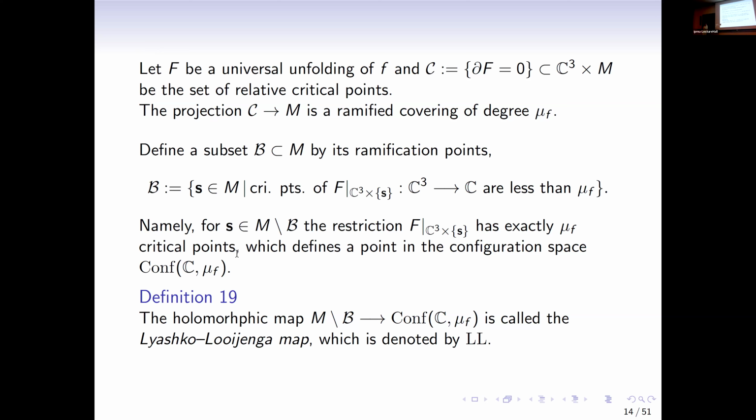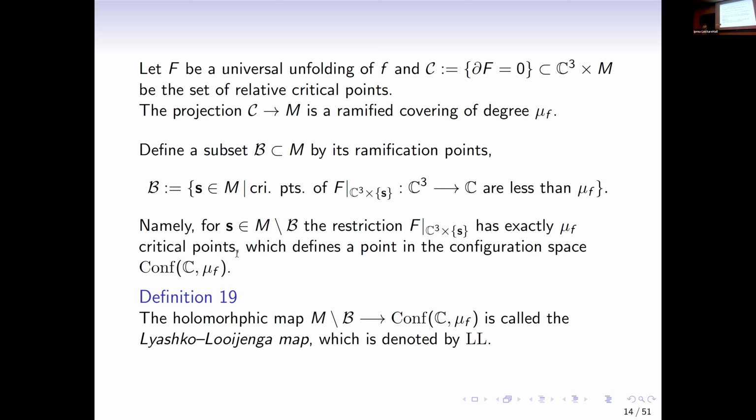So by definition, if this parameter is outside this bifurcation set, then this large F will have exactly mu f critical values. Therefore, we have a correspondence between S and the set of critical values. This will be a map from M minus B to the configuration space of mu f points on C.